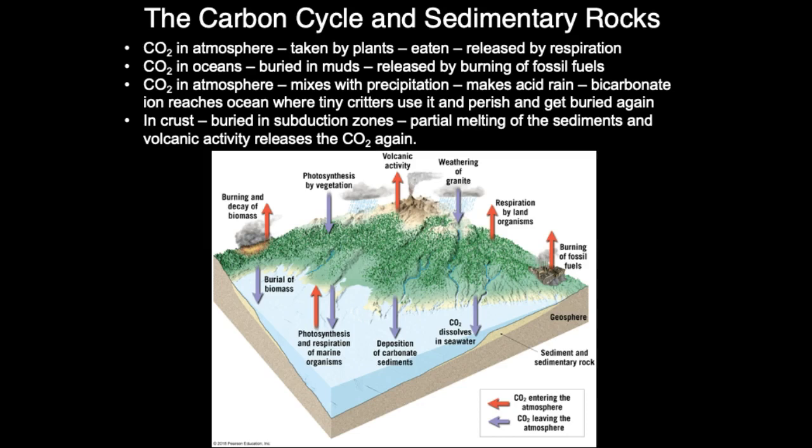The same process happens in the sea, where photosynthetic plankton plays the part of plants on land. The plankton does not always get consumed, though. Sometimes it gets buried by sediment after it perishes.